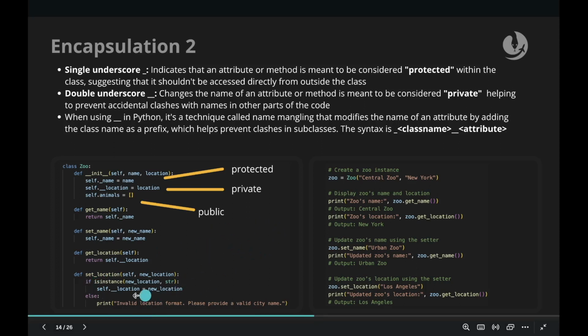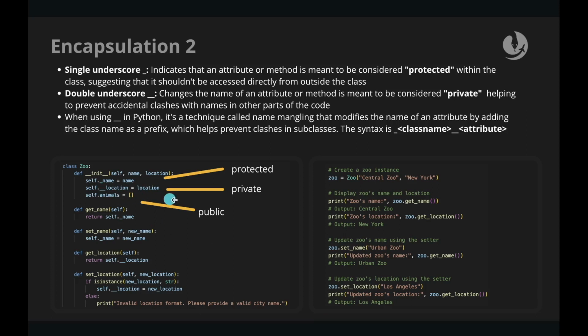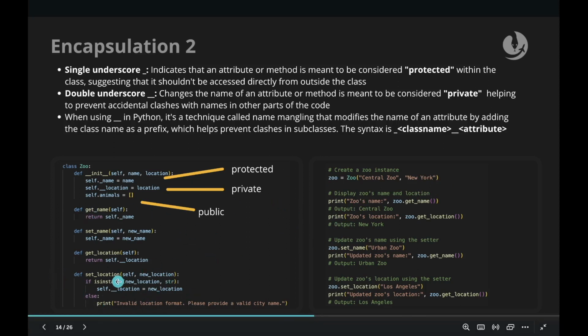The set_location might be a very good example, because let's say somebody would like to change the location directly from outside, and he or she would place in as the location some integer. It wouldn't be a city name, it wouldn't be a string, it would be an integer. And this could break our code. With set_location, we are first checking if the instance is a string, and only then we are updating the new location. In other cases, we are printing that the format of the location is invalid, and please provide a valid city name.